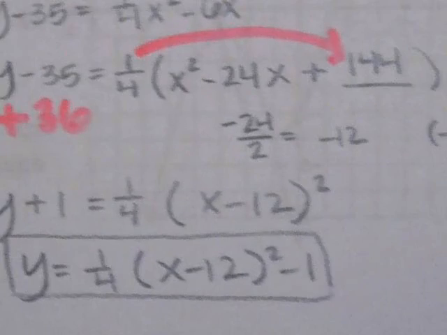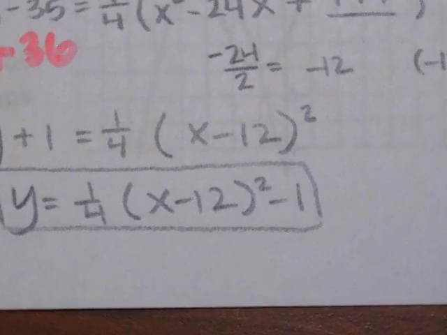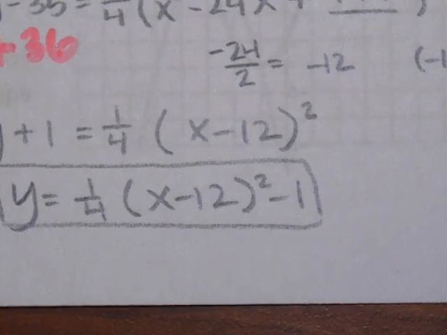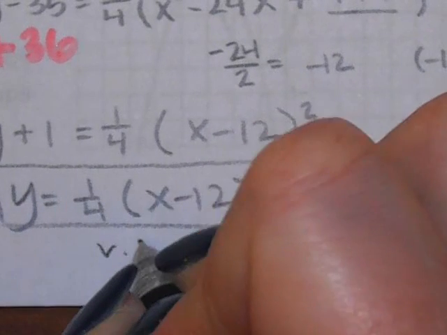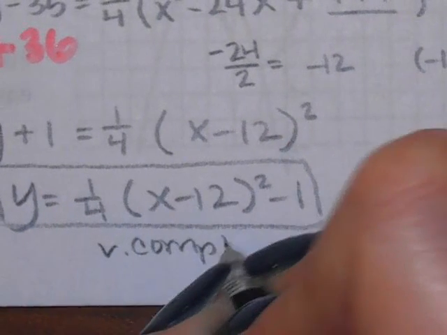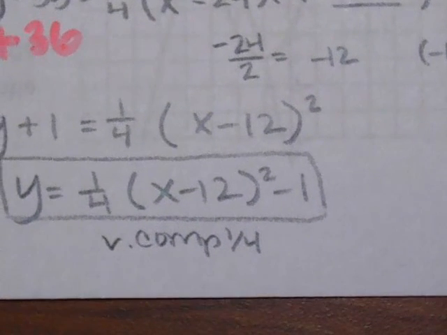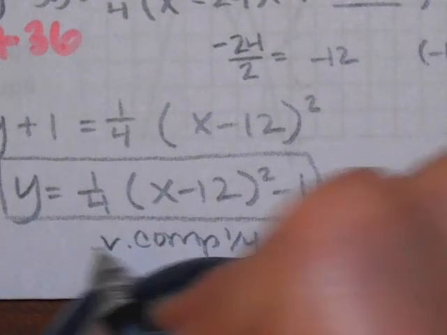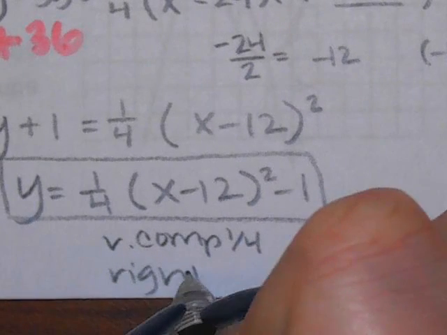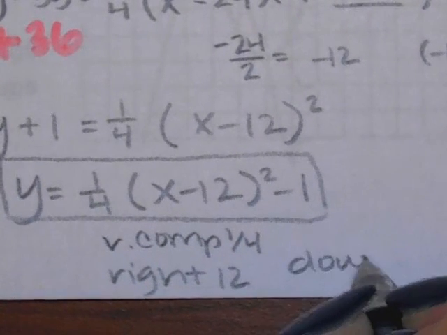Okay, and we put the transformations, which are, okay, vertical compress by 1/4, right, 12 down 1.